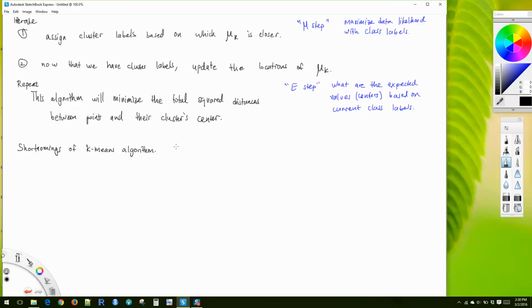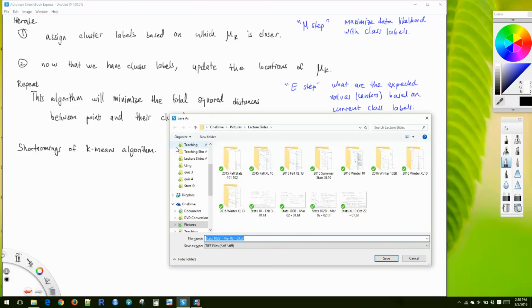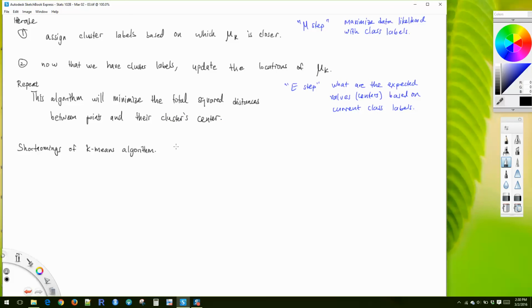I think it's a good algorithm as kind of an introductory algorithm to this concept of EM type algorithms, in that I feel like it's easy to understand what's happening, right?